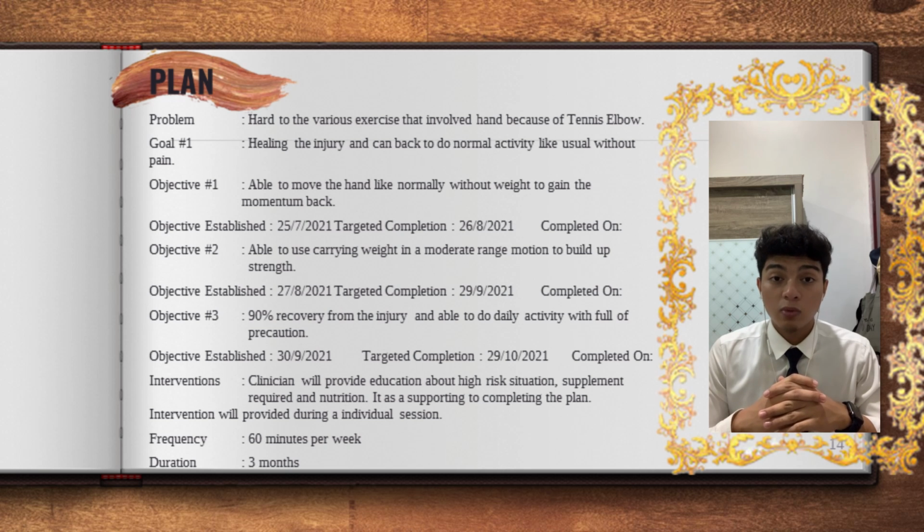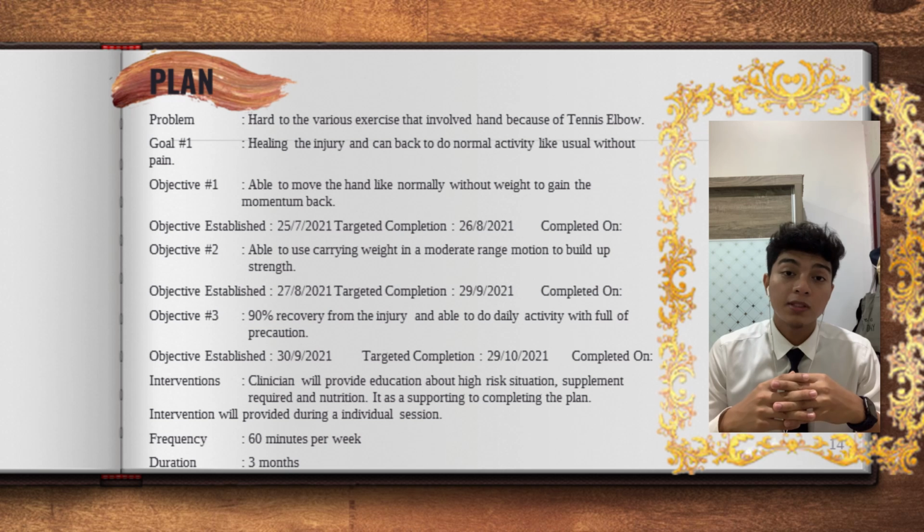For objective 2, we want to be able to carry weight in a moderate range of motion to build up strength. The objective is established on 27 August 2021 with target completion on 29 September 2021.